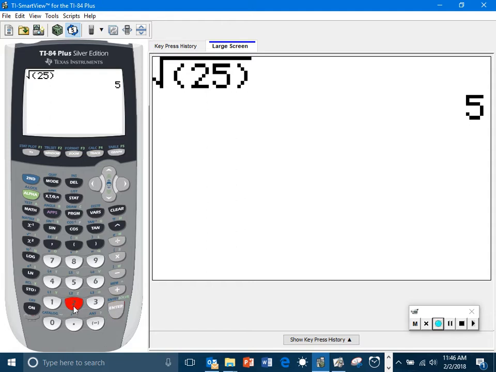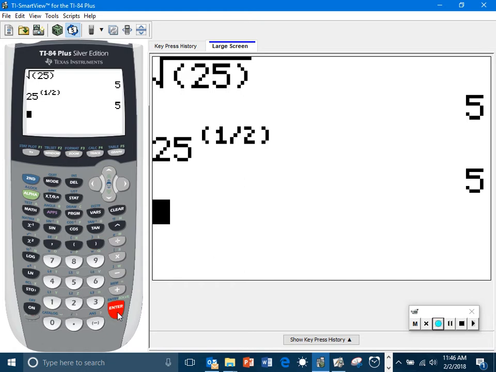So, what I want you to use is 25. Now, we're going to hit the caret key for an exponent. And we must use parentheses. And the replacement for the square root is the exponent of 1/2. So you can see 25 to the half power is 5.